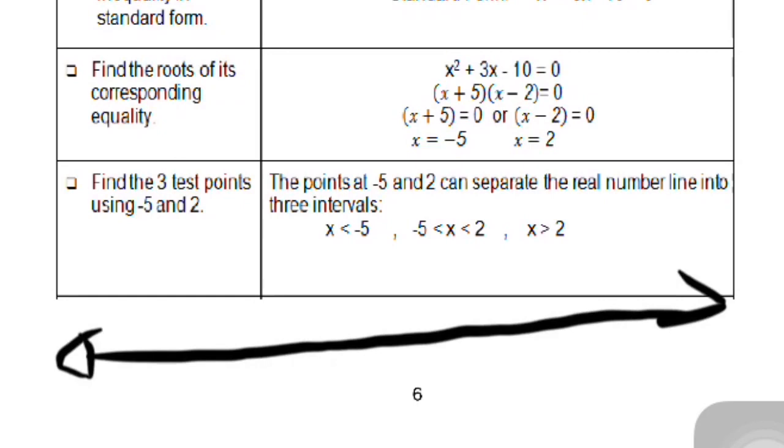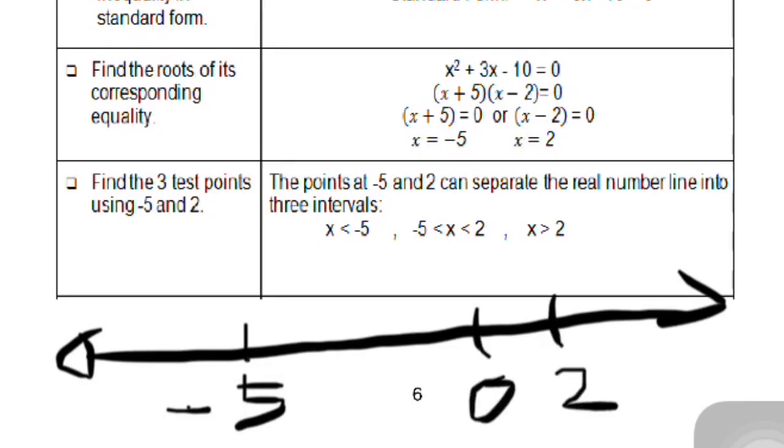our three test points here are negative 5, then let's have here 0, then we can have here 2. So three intervals: x is lesser than negative 5, so from this point, negative 5, up to negative infinity.